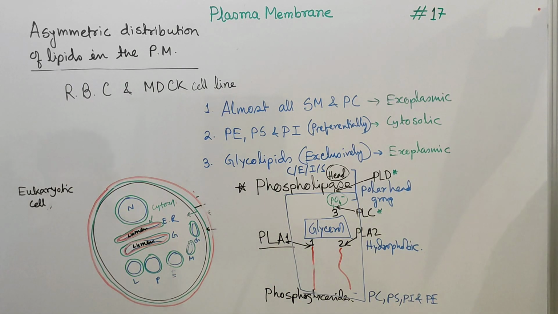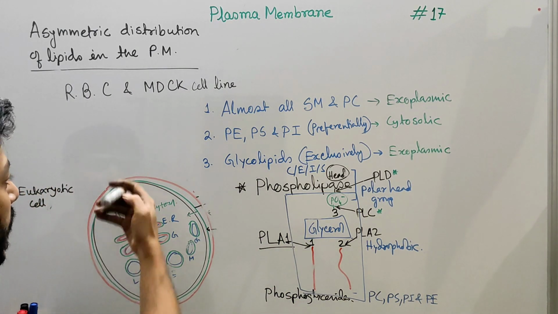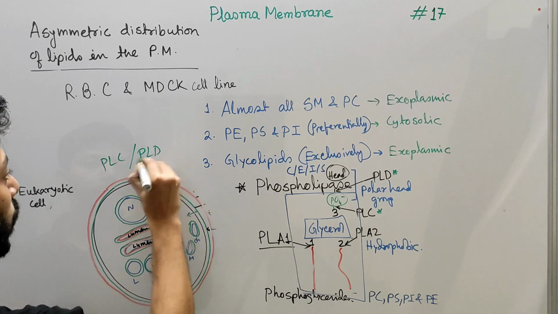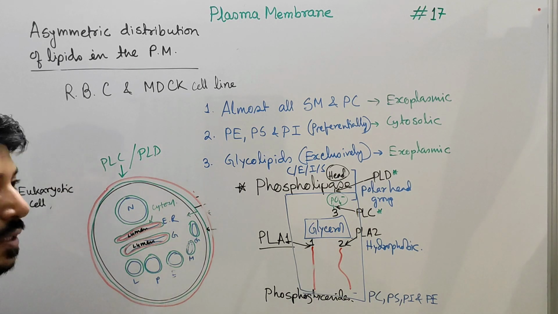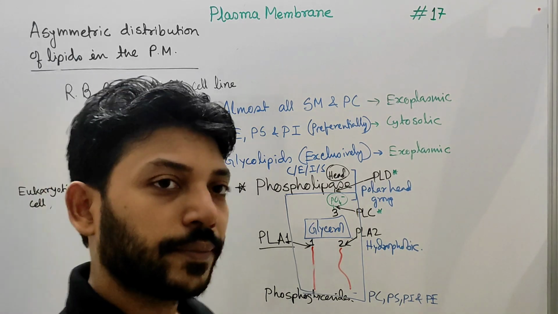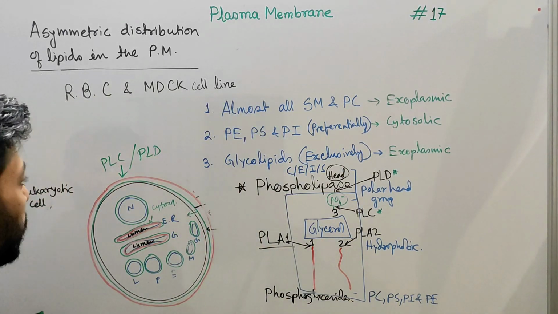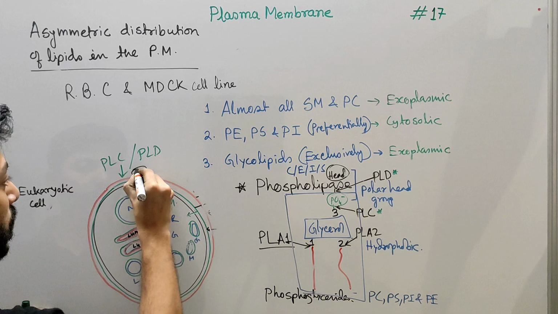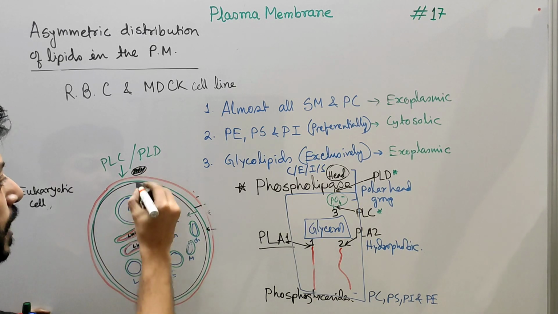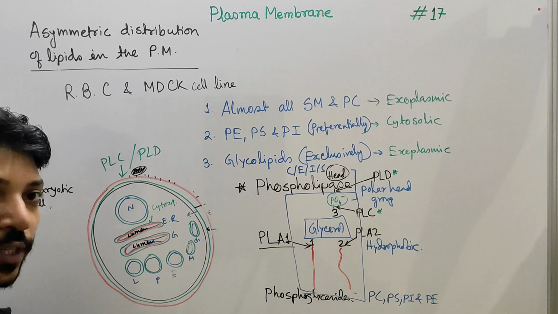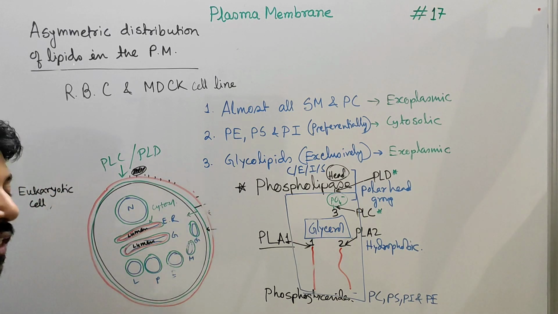Now, they have taken these two enzymes, PLC or PLD, and they digest cells. This enzyme cannot penetrate inside. Let's suppose this black color is the enzyme, then it will only cleave, digest or hydrolyze the lipid molecules present in the exoplasmic leaflet.